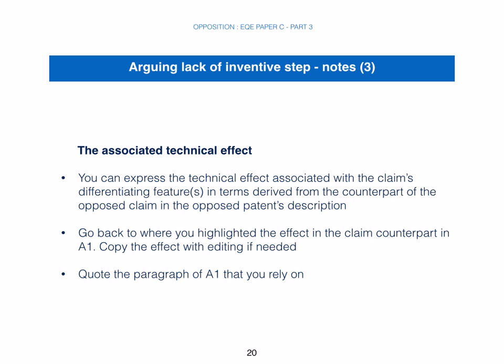For this, you have to go back to the A1 description to where you highlighted the effect and the claim counterpart in A1, and you can copy the effect with editing if needed. You must also quote the paragraph of A1 that you rely on for establishing the technical effect. As I said, usually the technical effect is not too difficult to handle, and it leads to the objective technical problem.